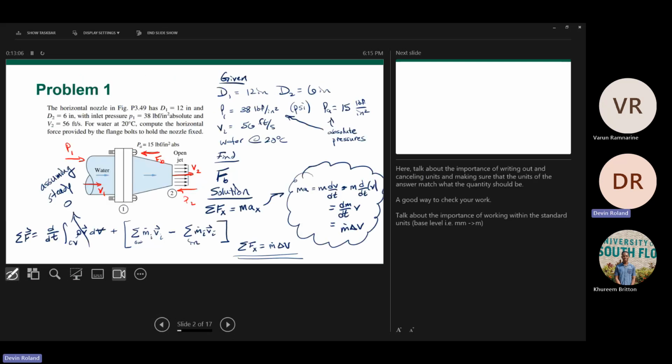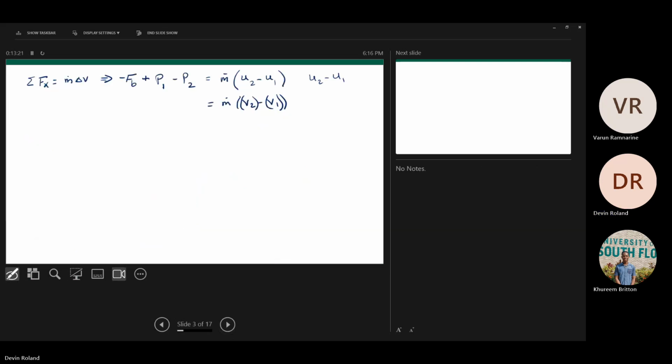I'm defining x that way, so they're moving in the positive direction. If you had flow going the other way, that V value would be negative V2, which we'll see in the next problem.